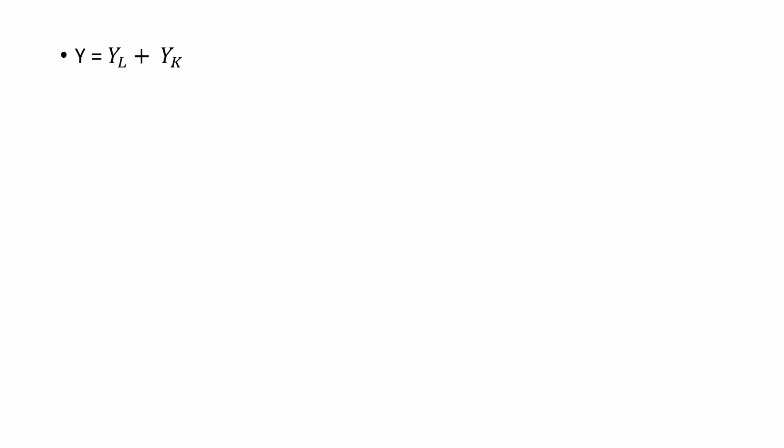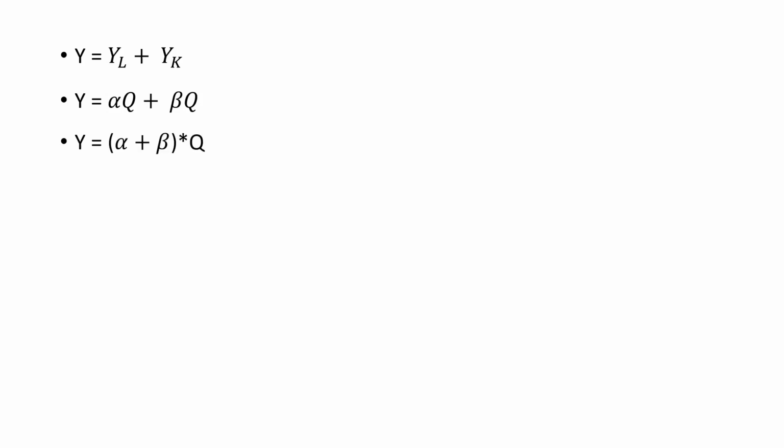The total payment made to both factors is the sum of payment made to each of them. Thus, Y is equal to YL plus YK, that is, Y is equal to alpha Q plus beta Q that we have already found out.